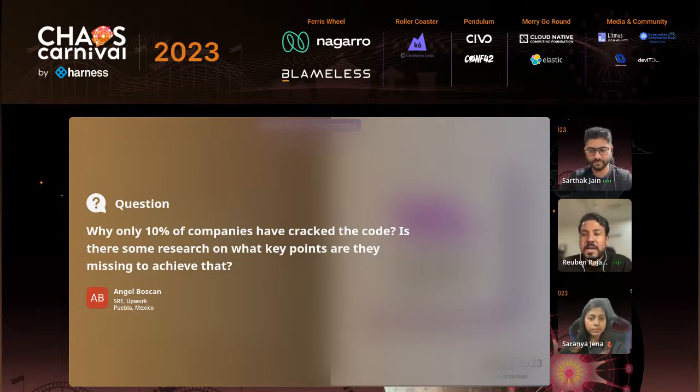So holistically, we've seen some of the disasters in the research, which is publicly available. You can have a look at it. What we have seen is they don't have technical resilience embedded in their systems.